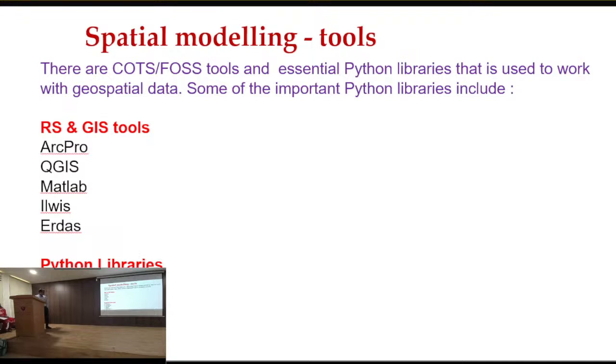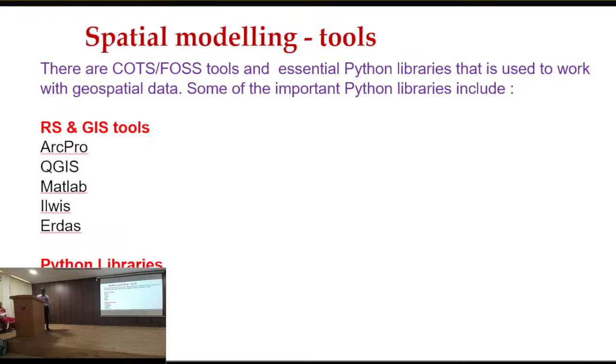ArcPro is a tool from Esri, a very popular tool, but it is proprietary. You cannot really see the code, what is behind the tool. But QGIS is a tool that is open source.